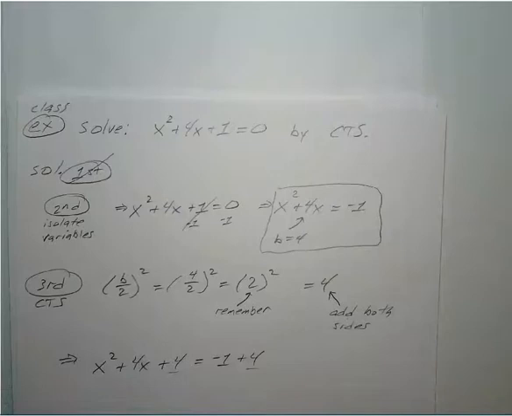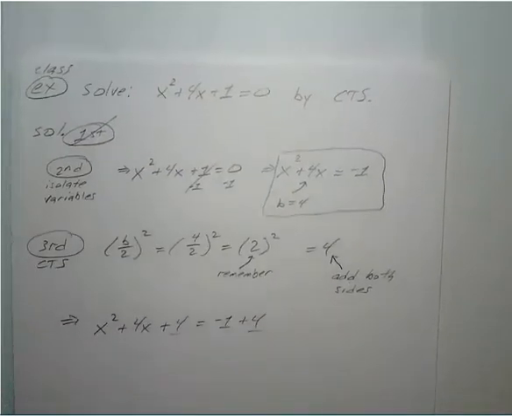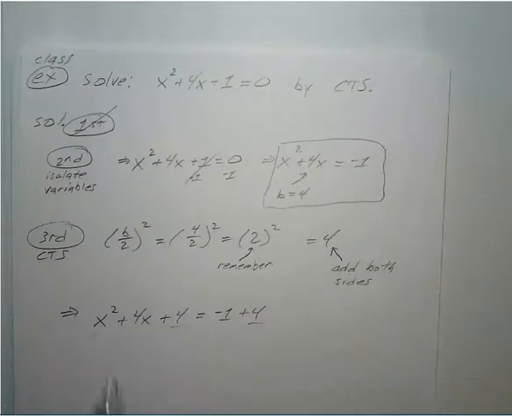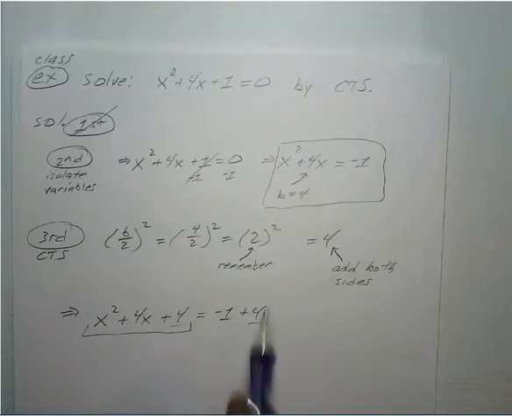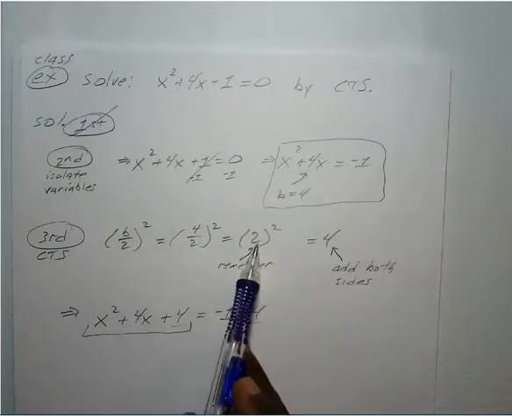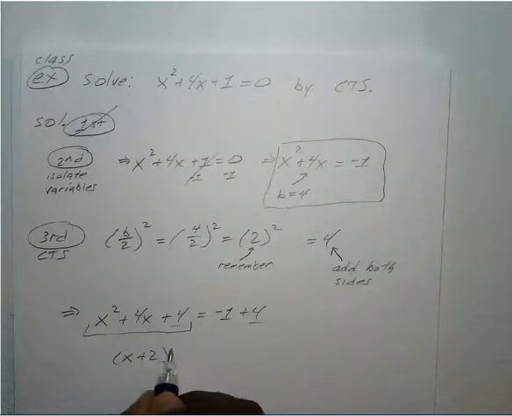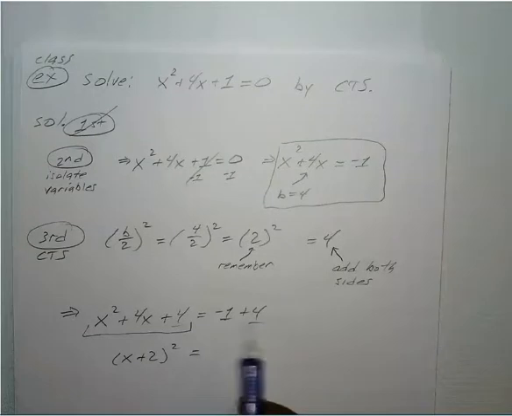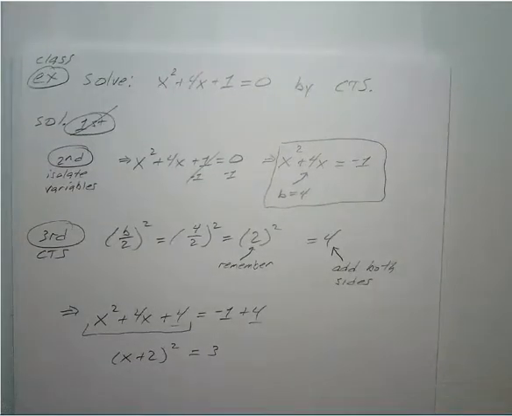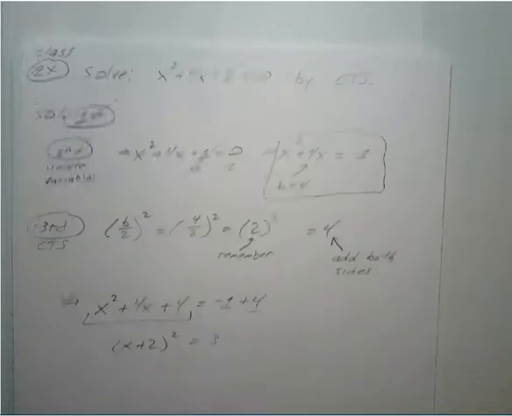So again, we just added that to both sides. And if we did everything correctly, we have our value that we point out here. It's a +2, so this just becomes x plus 2 squared equals -1 plus 4 is 3. So x plus 2 squared equals 3.